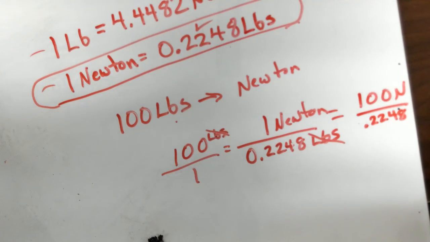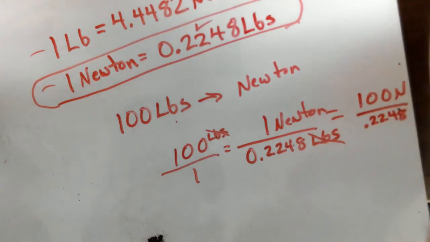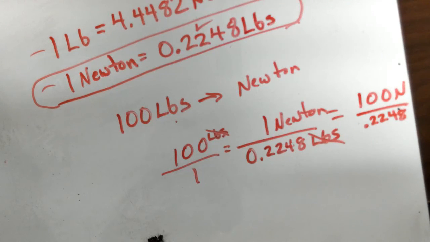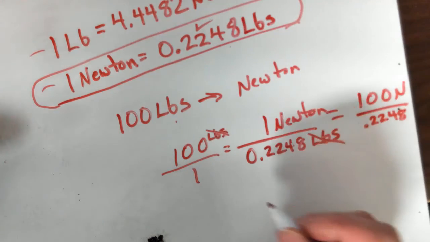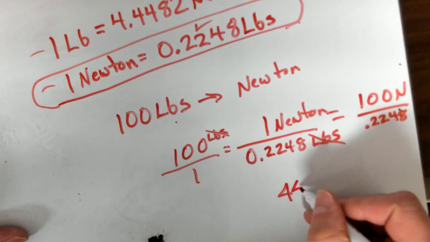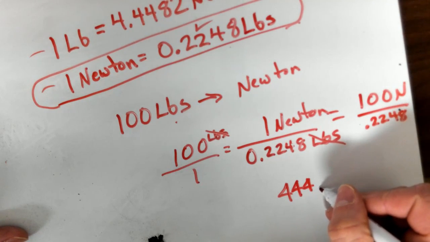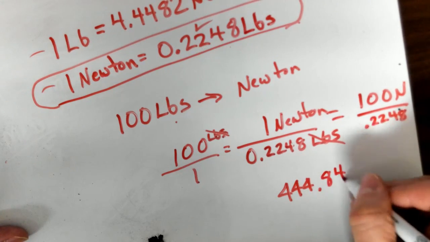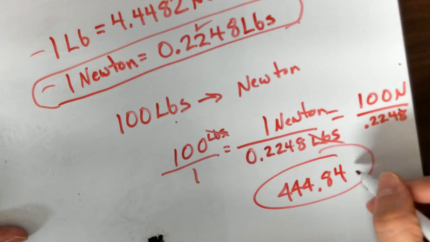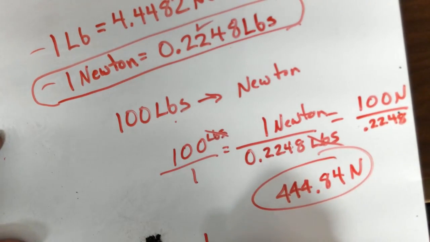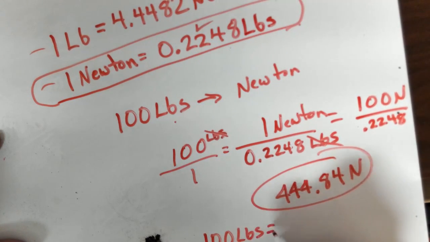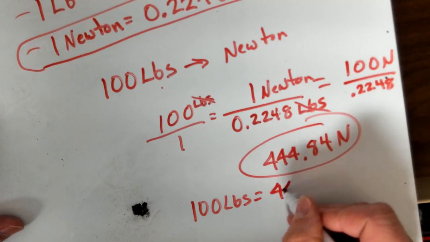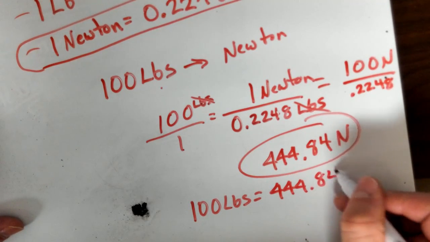Very simply, 100 divided by 0.2248 equals 444.84. We'll just round up, and that's newtons. So 100 pounds is equal to 444.84 newtons.